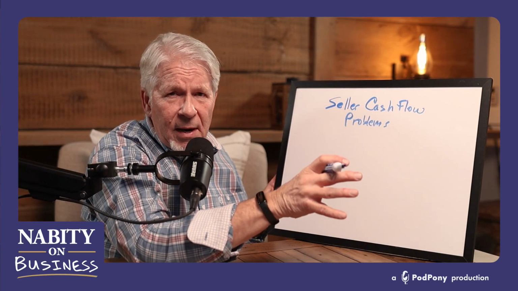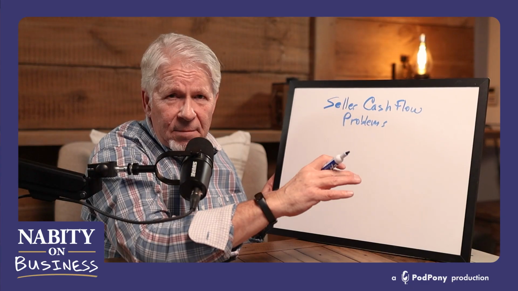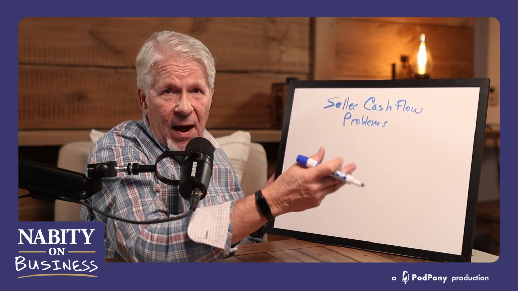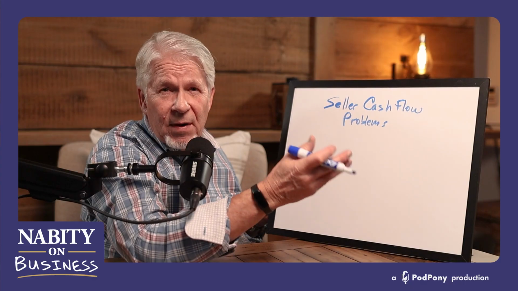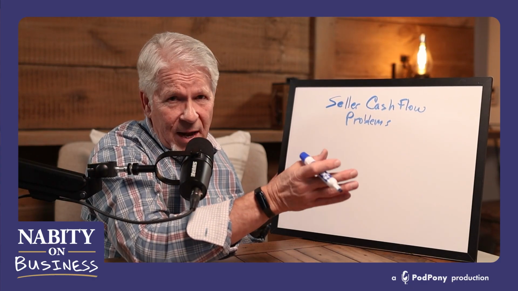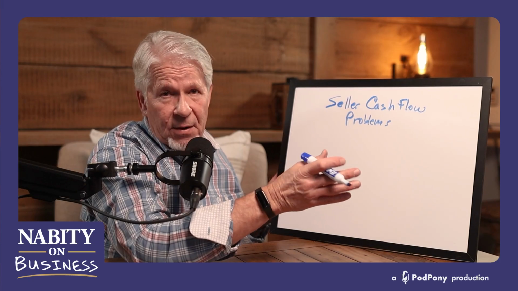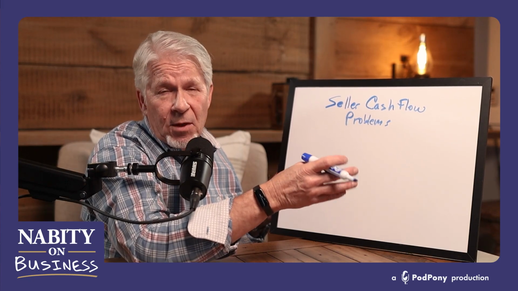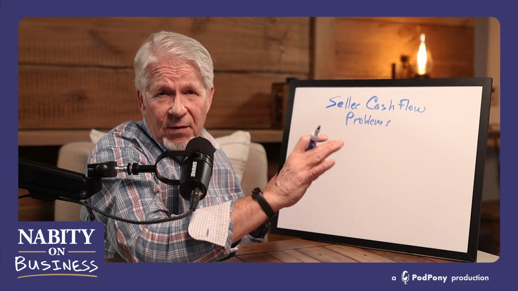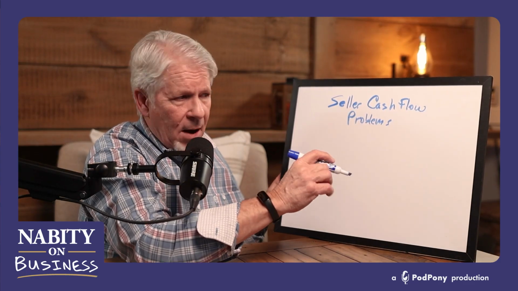Now, let's say that we start working with the seller and we know what the valuation is. And the valuation is adequate to provide cash flow during the term of the loan. But once that loan payment is off, once it's done, they're going to have a big problem. What we try to do is to come up with a financial model for them that'll help them out.